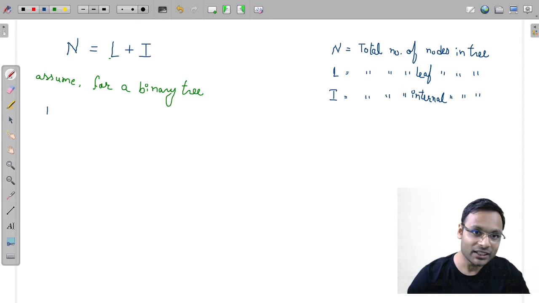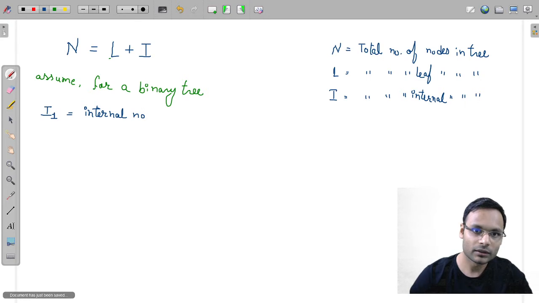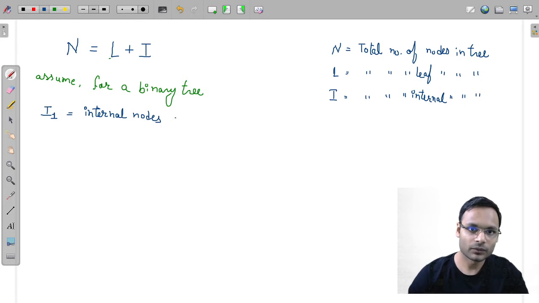For a binary tree, I1 is those internal nodes which are having a single child, internal nodes with 1 child. And I2 is those internal nodes which are having 2 children.